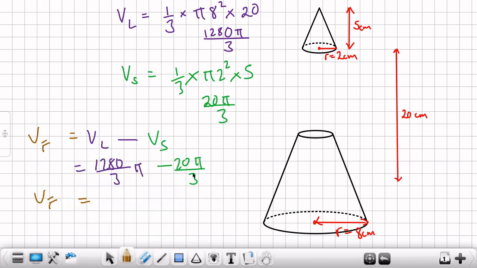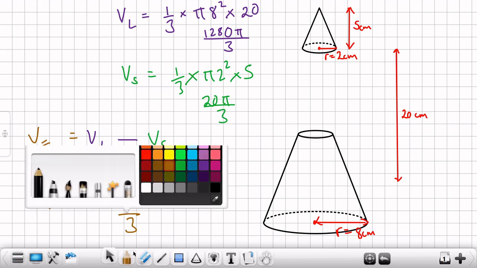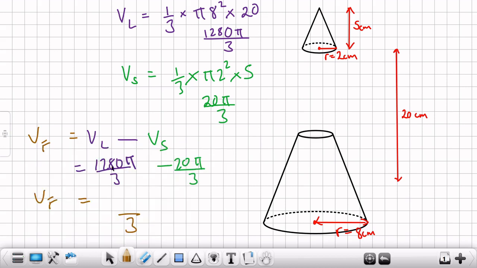Look, the denominator is the same. You already know if the denominator is the same, just copy the denominator across and then subtract the numerators. So you've got 1280 pi, 1280 minus 20, that leaves you with 1260 pi.